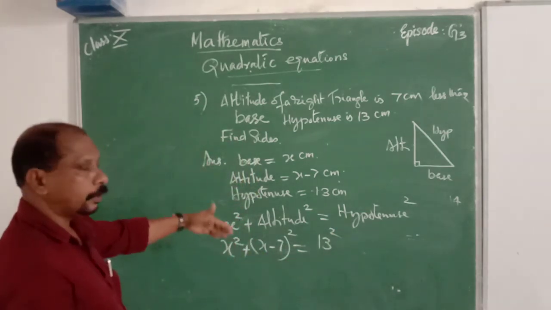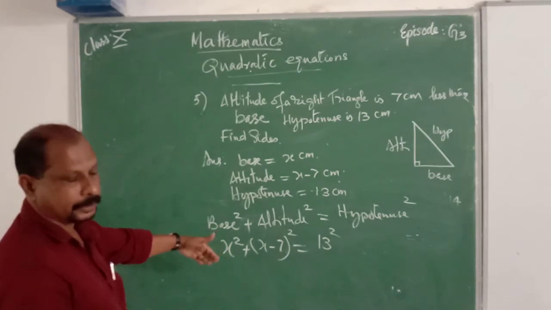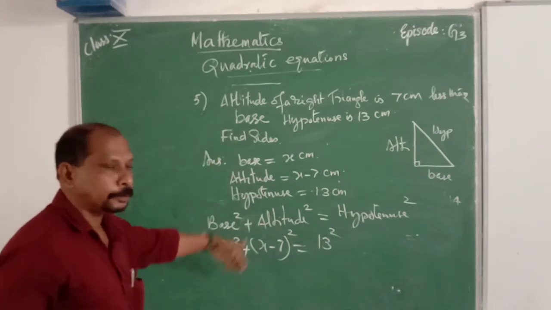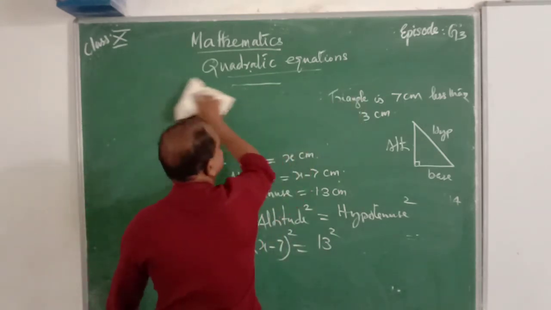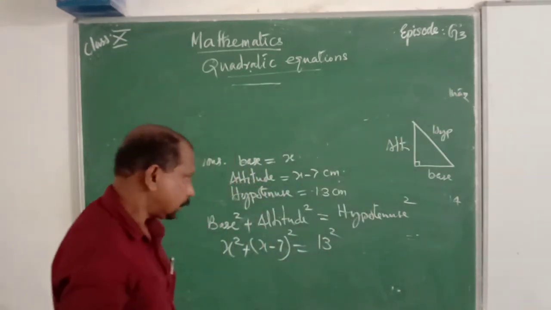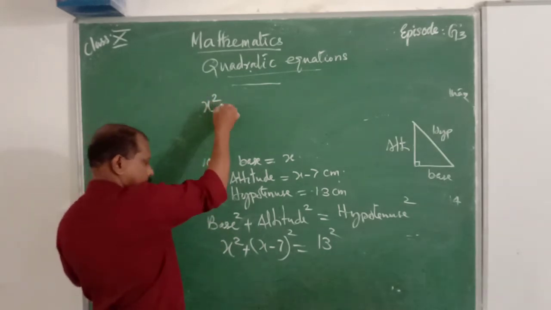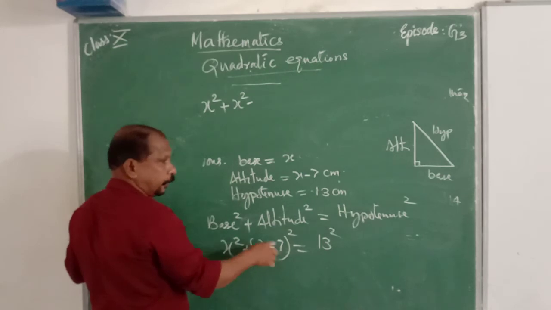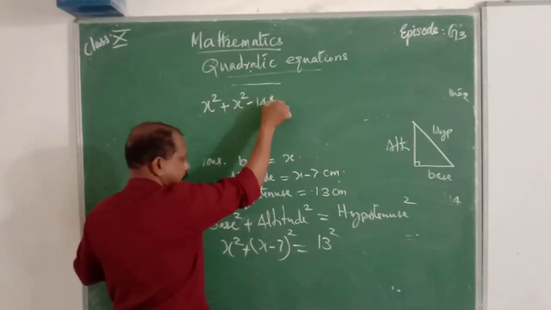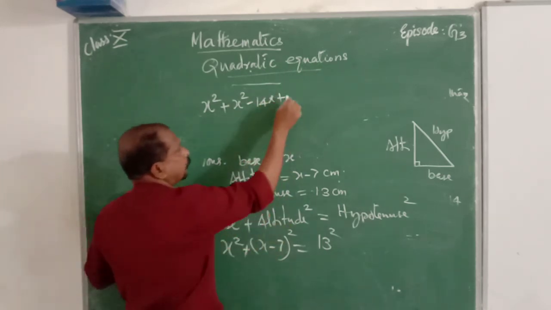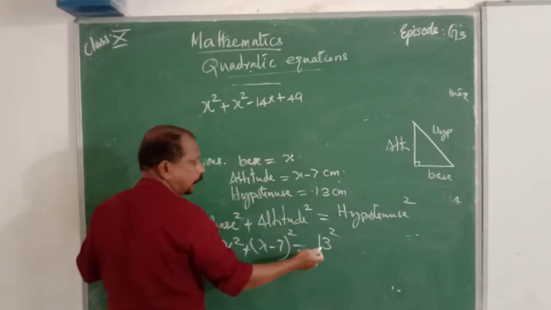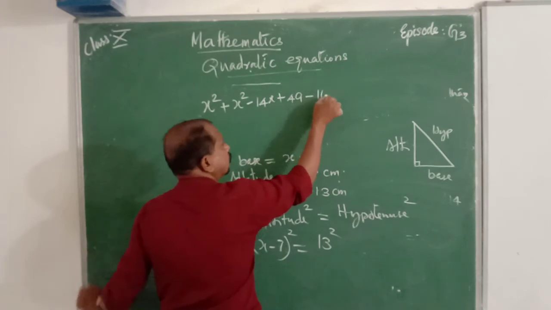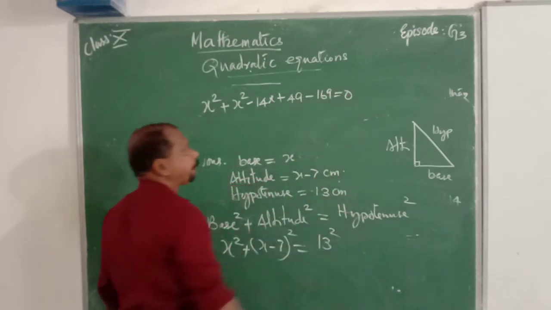This is a quadratic expression, not yet in quadratic form. Therefore, we can expand this. That is x square plus x square minus 14x plus 7 square is 49. Shifting 13 square, that is 169, to the left, minus 169 is equal to 0.